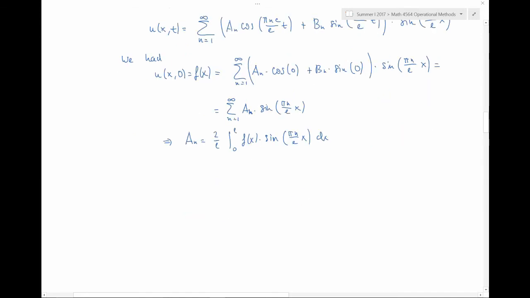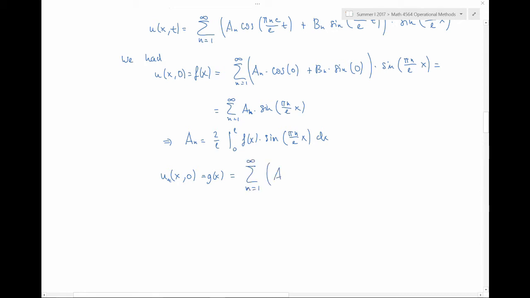We also had the second initial condition, that the time derivative at time t equals 0 was g of x. And that should be equal to the sum as n goes from 1 to infinity.